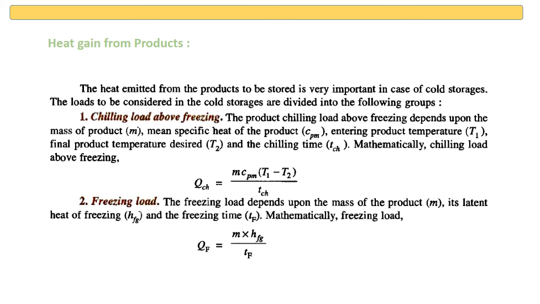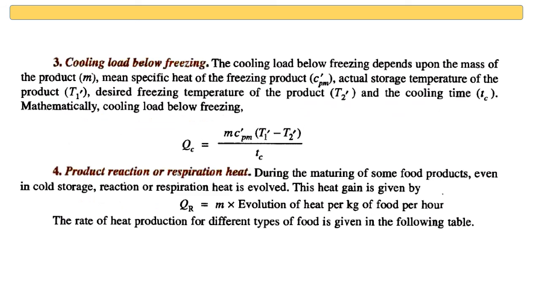Freezing load: if the product needs to be frozen, then latent heat needs to be removed from that product. That is called freezing. Below freezing: if we want to go below the freezing point temperature, let's say you have something related to water or cold drinks, you need to store it like ice, so you have to go from 0 to -5 or -8.